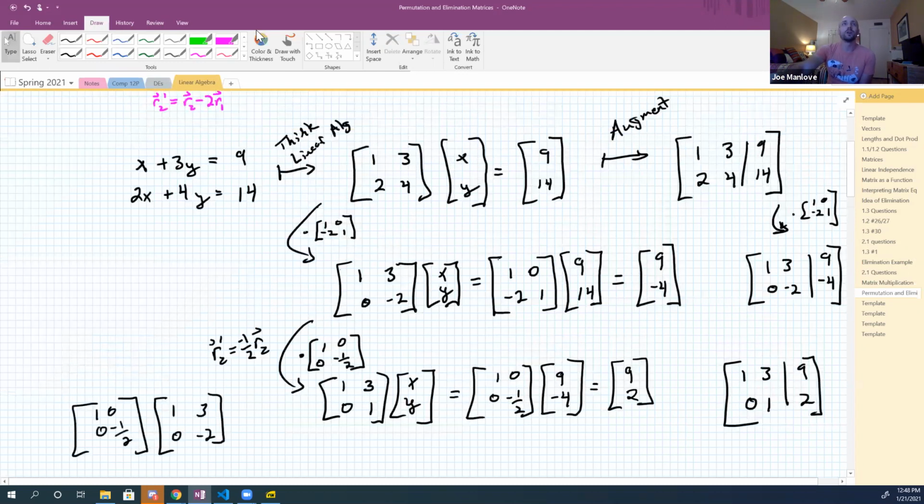If you want to do this on a TI calculator, or Google something on the internet to get from here to there, that is row echelon form. Oh, sorry, I said reduced. This is not reduced. My bad, I misspoke. That is row echelon form.